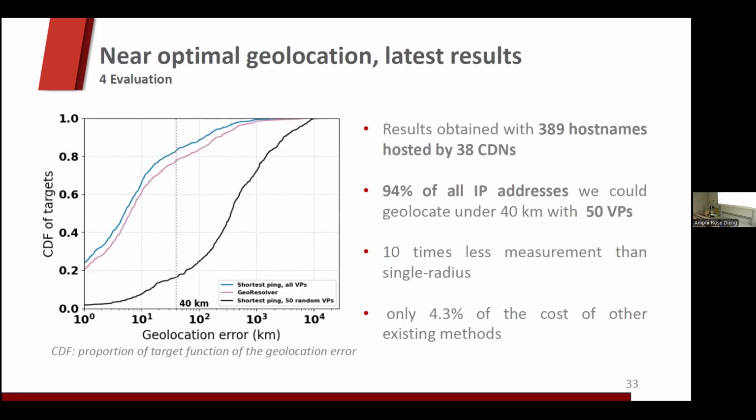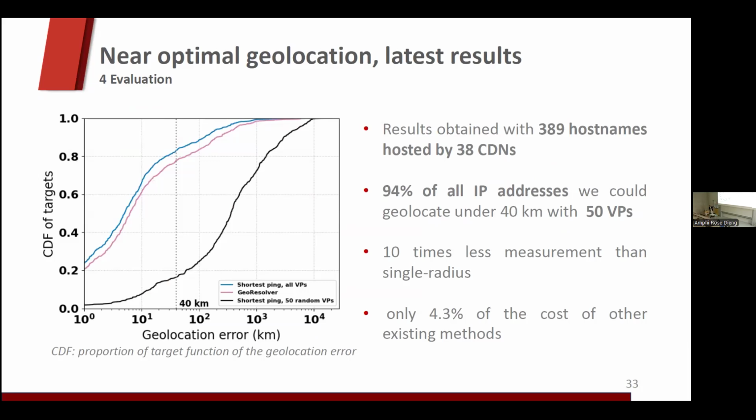Here it is presented on the left the cumulative distributive function of the geolocation error function of the proportion of targets. So here in blue, you have the geolocation precision we obtain when using the optimal one, the 10,000 vantage points. And in pink, very close to it, the precision we obtain with 50 vantage points selected with our methodology.